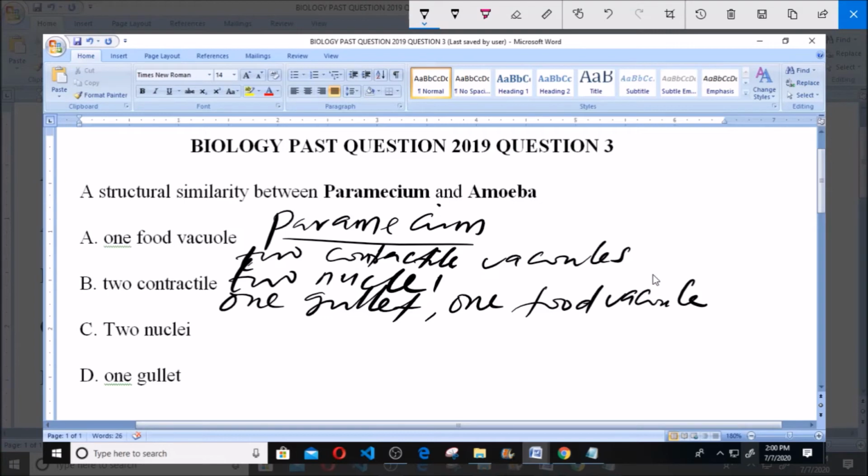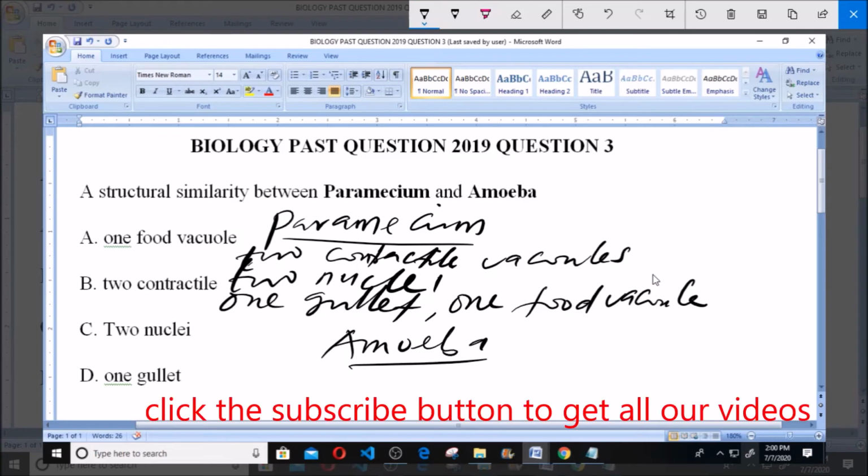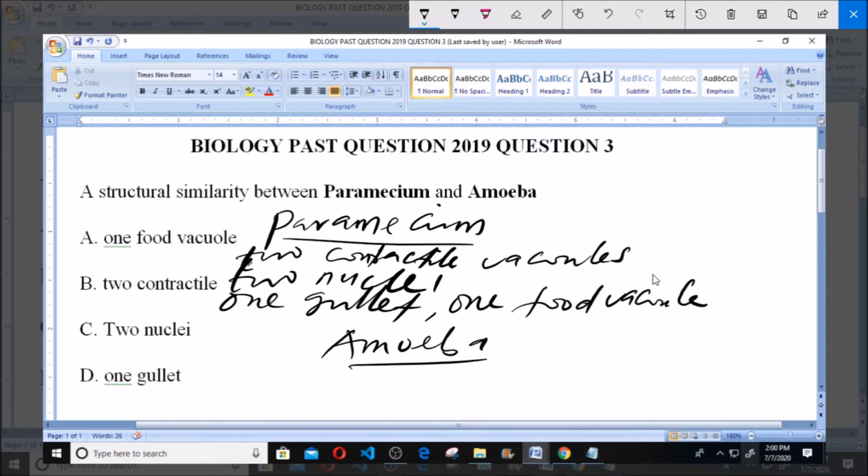Now, let's look at an Amoeba. Now, an Amoeba is a very simple cell. So, an Amoeba has just 1 contractile vacuole.